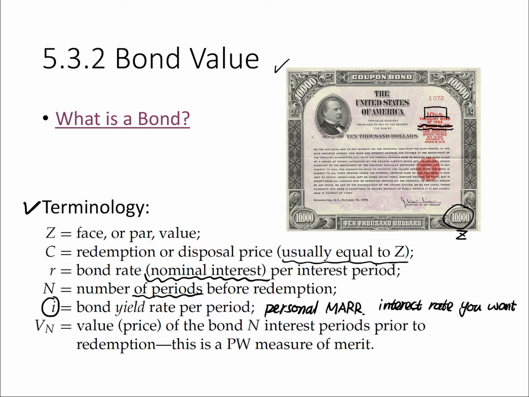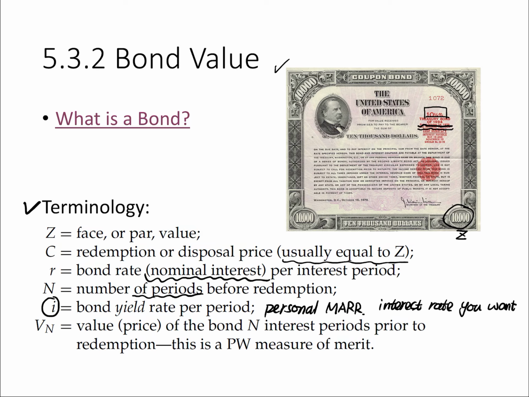You know what the bottom interest rate is that you want. That interest rate could be the interest rate on the savings account in the bank, right? Because if you use the money to buy this coupon, you don't have the money saving in the bank. But the opportunity cost is the interest you can get from the bank. So the interest rate provided by that savings account is going to be your MARR.